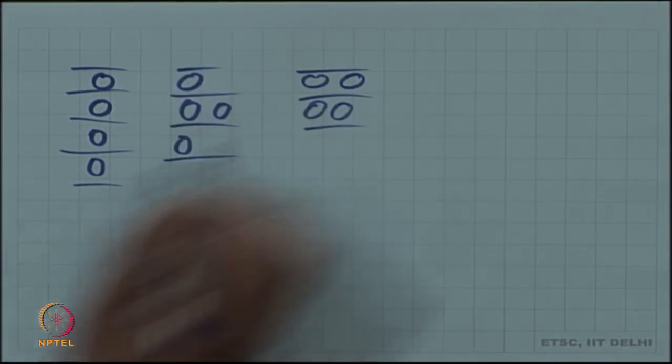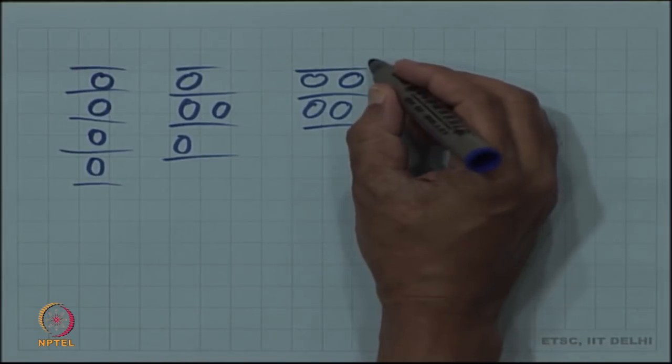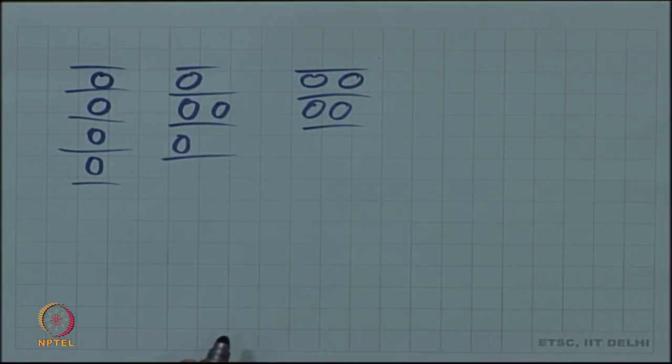Which one would be preferred? Third one would be preferred. Why? Minimum clock cycle, but that is not our problem here.